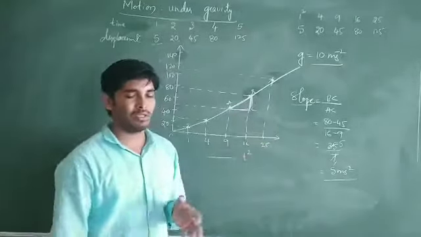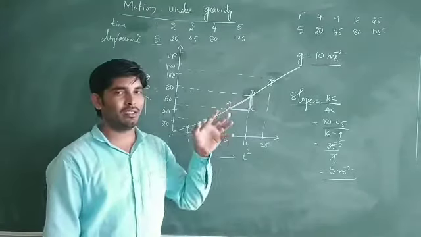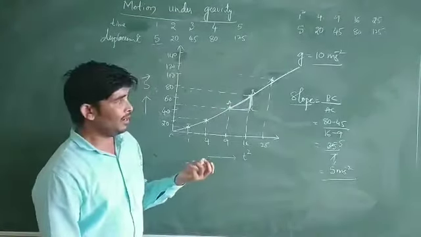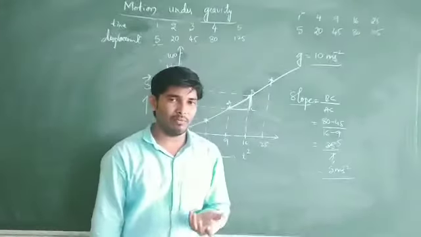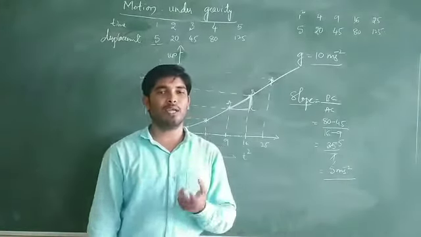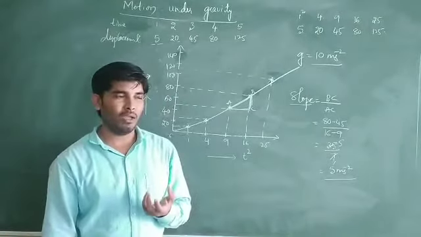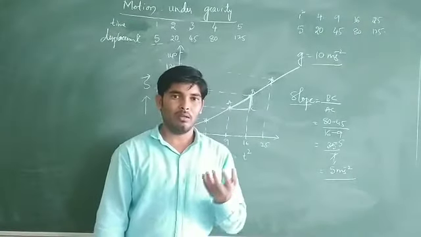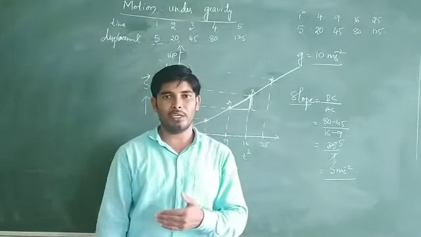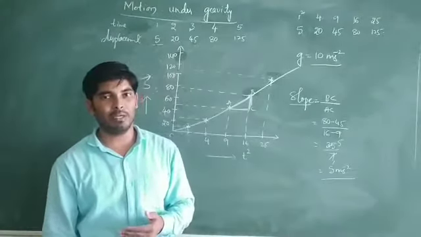For all these cases, we have plotted the acceleration time graph. And from the acceleration time graph for a linear motion of a body, we can obtain the velocity time graph and the displacement time graph.